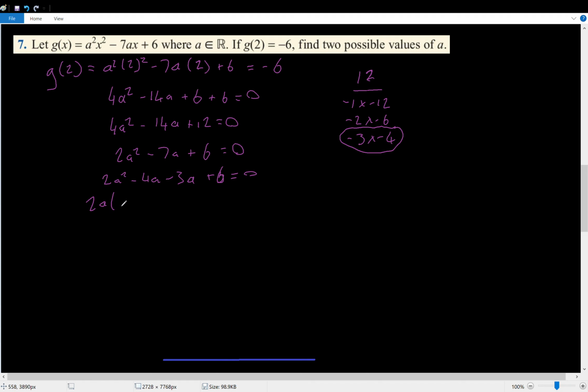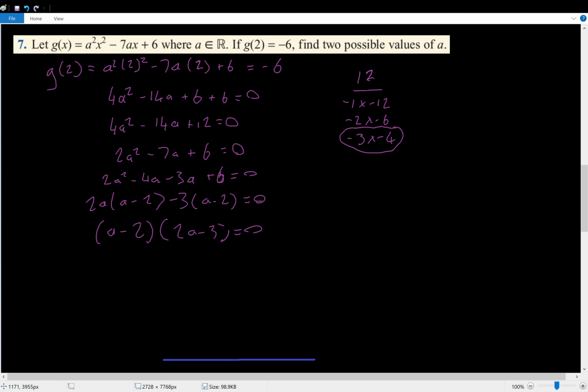So we have 2a times (a − 2). And from the second pair, the highest common factor is going to be −3. So now −3 times (a − 2). That's equal to 0. Which means our factorization completely done is (a − 2)(2a − 3), and that's equal to 0.